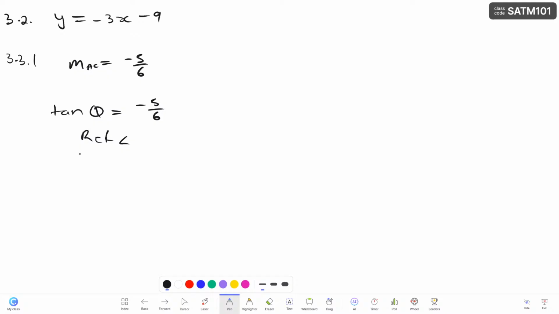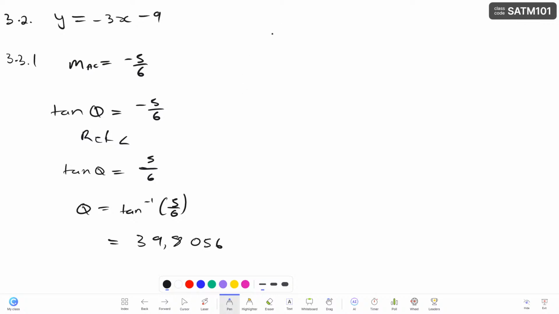Ref angle. So you're going to say tan theta is equal to 5 over 6. So theta is equal to tan inverse of 5 over 6. So now we are going to say shift tan of 5 over 6. So we are going to get 39.8056.